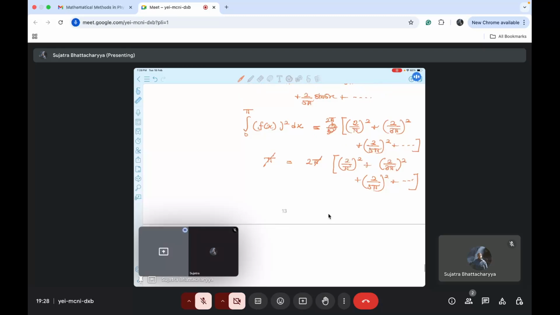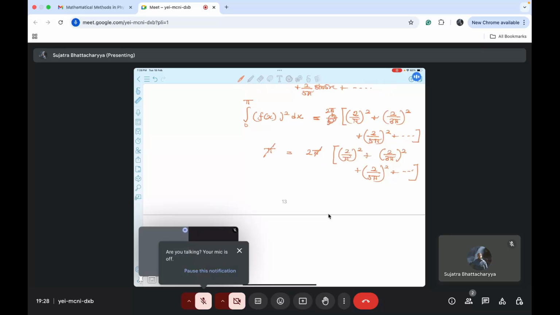So finally, what you will get is this will be 1 by 2, and on the other hand, you have your 4, and pi square you can take outside.